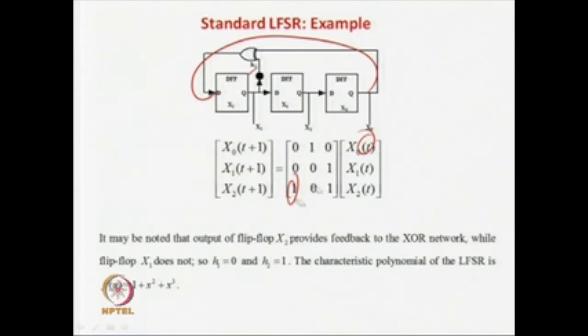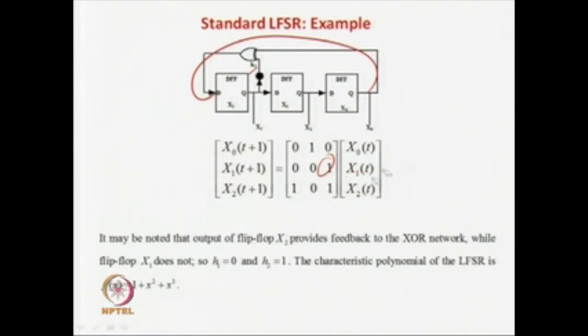Now let us see how it represents. This is a diagonal matrix, the last bit is 1, and this is h1 and this is h2. h1 is 0, so you put a 0, h2 is 1, so you put a 1. You can easily see the case. So, x0 at t plus 1 is nothing but x1 at t. Then x1 at t plus 1 is nothing but x2 at t.